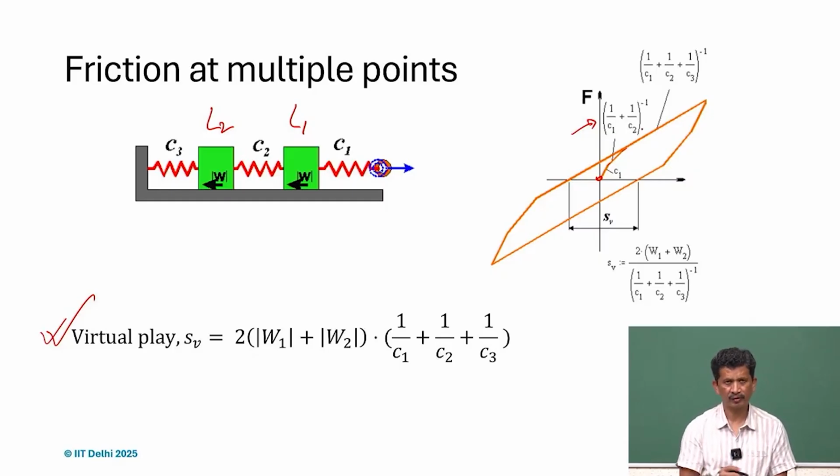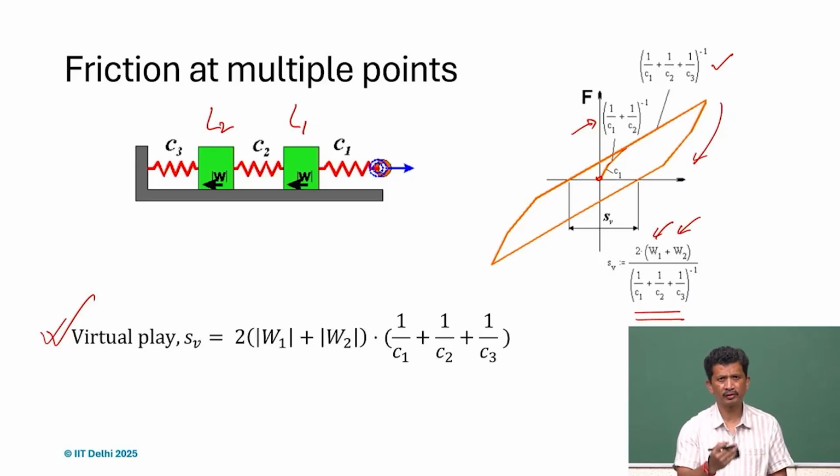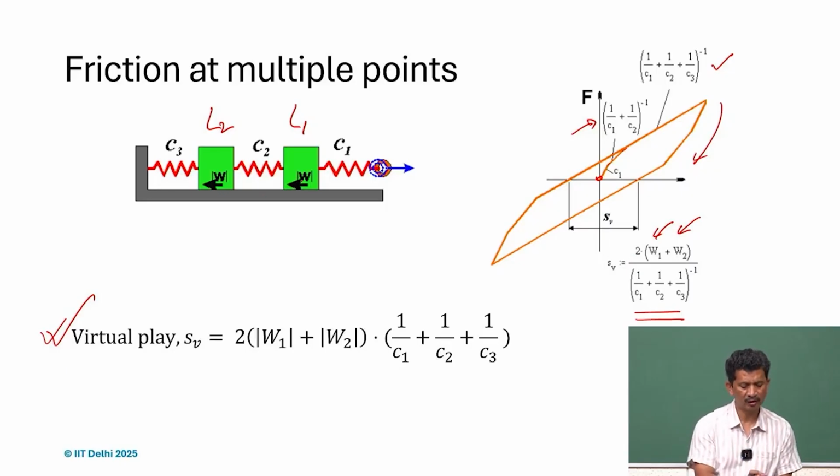So that's why we have the inverse. And once all three are in action, then we have this. Similarly, when we reverse, we'll have all three in the picture, and also these are the friction forces. It will be affected in a stepwise manner. Initially, how the forces are changing will determine how the bodies are slipping.